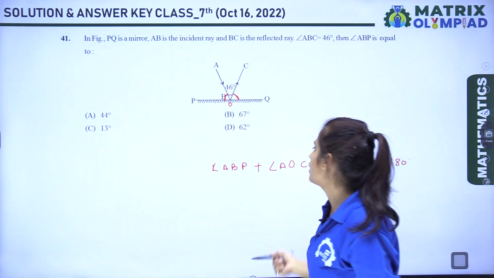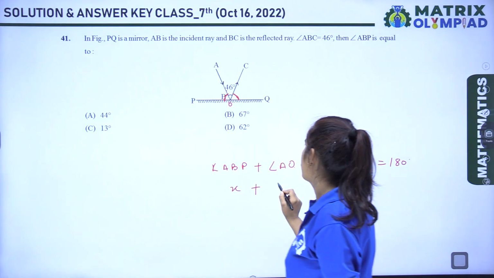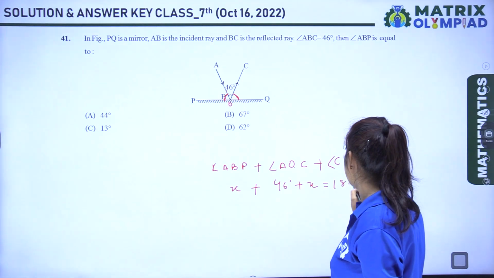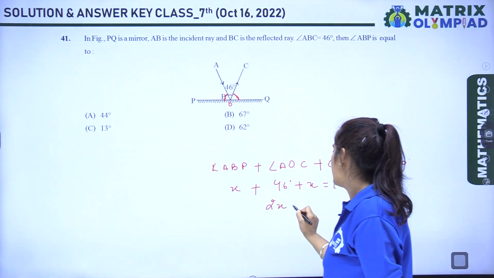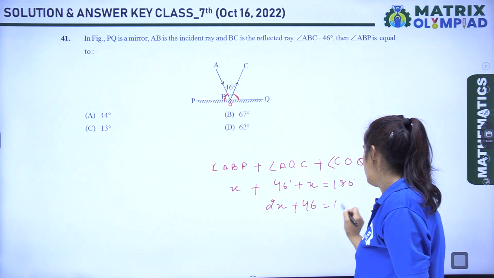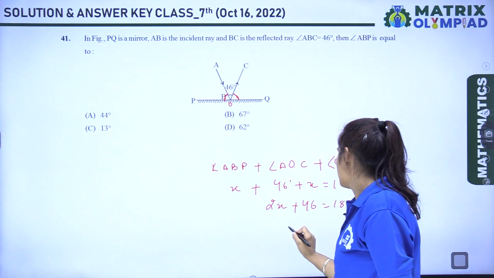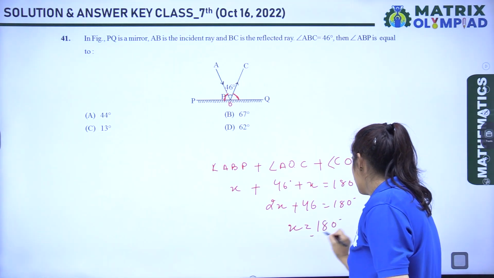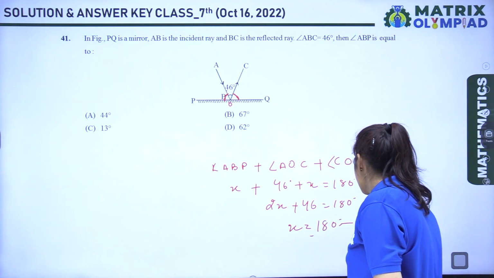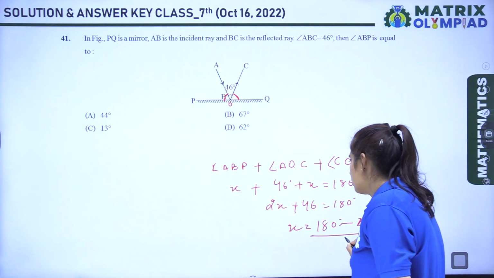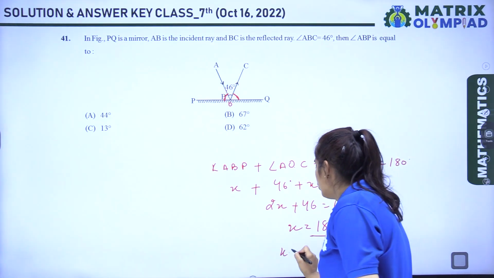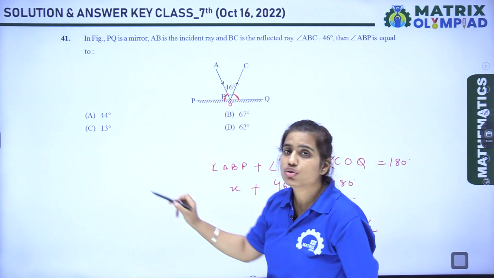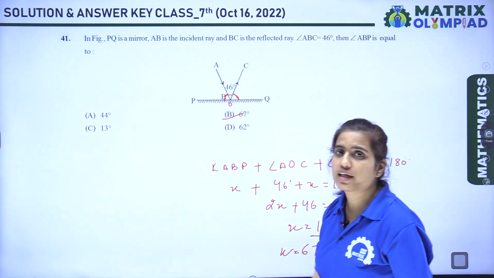So these two angles are equal, so we can say that x plus 46 degrees plus x equal to 180 degrees. So here we get 2x plus 46 equal to 180 degrees. So we can say that x equal to 180 degrees minus 46 divided by 2. So the value of x will be 67 degrees. So option B is the correct answer.